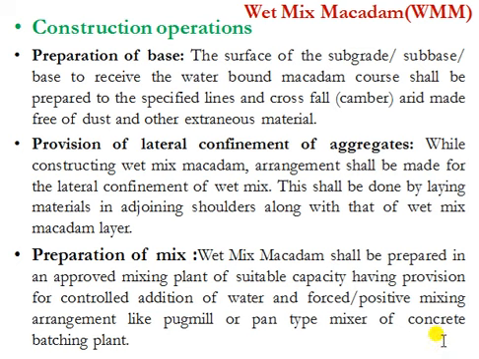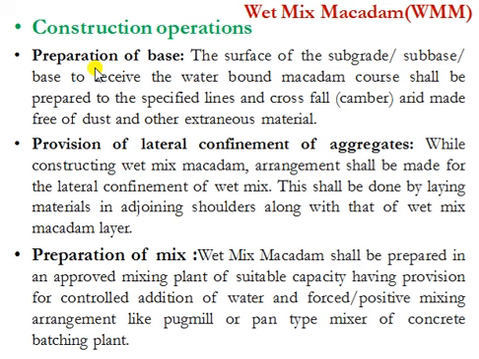So next, let us see what the construction operation is, or what the stages are in the construction of wet mix macadam. So before the work begins, we need some equipment to be set up in the field.